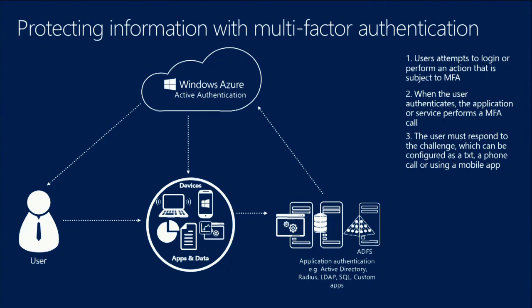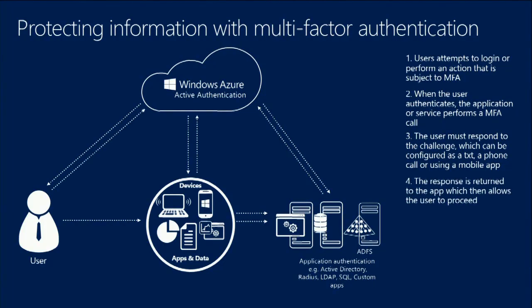When the user authenticates, the application or service performs a multi-factor authentication call, whether that is asking for a certificate, asking for a smart card, or doing a phone factor phone call. The user has to respond to that challenge. It could be a text, phone call, or whatever. Once they respond to that challenge, the response is returned to the application and then allows the user to proceed.